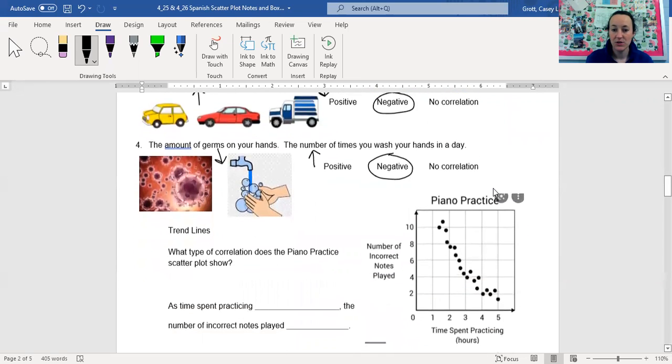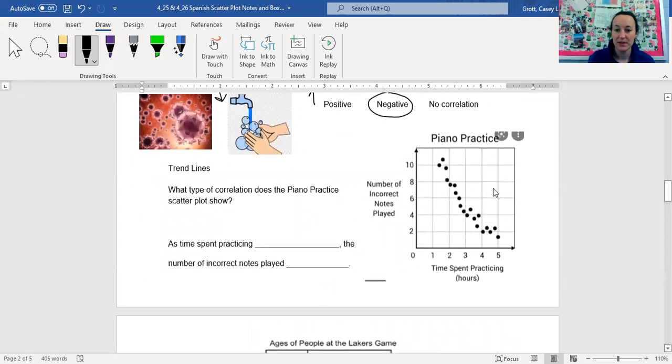The last thing with correlation and scatter plots that we're going to talk about. We've got a new graph, piano practice. What type of correlation does the piano practice scatter plot show? If we look, my dots are going down. So if this is my arrow, is that positive, negative, or no correlation? It would be negative correlation.